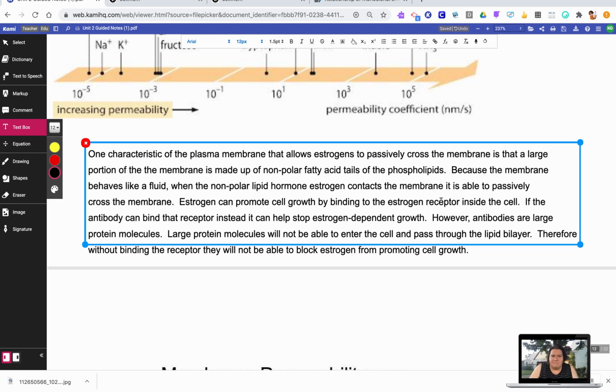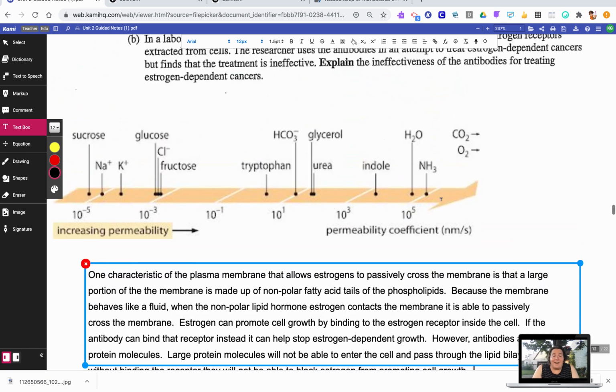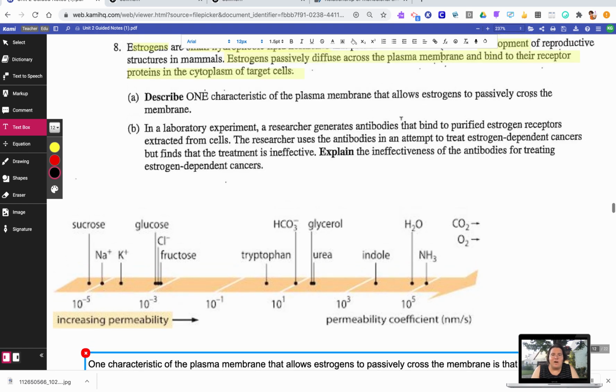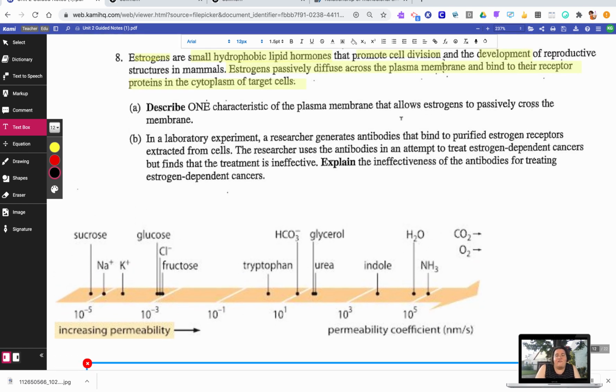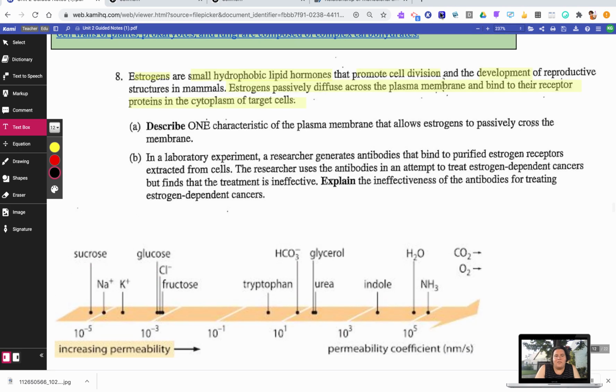I mean, it's a big molecule, but because it's nonpolar, it's able to get through. And I want you to know that estrogen promotes cell growth. It's a hormone, and hormones need receptors, but a lot of that information is given here as well. So you have a lot of information. You just need to make sure that you put it together.